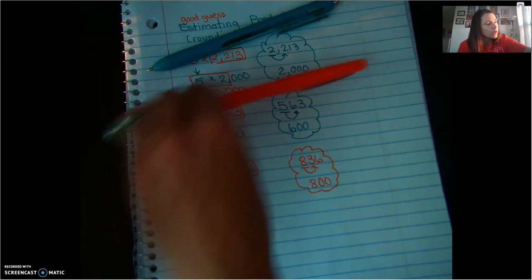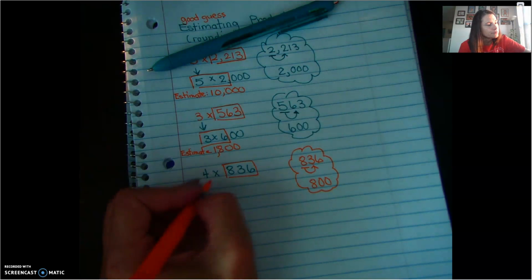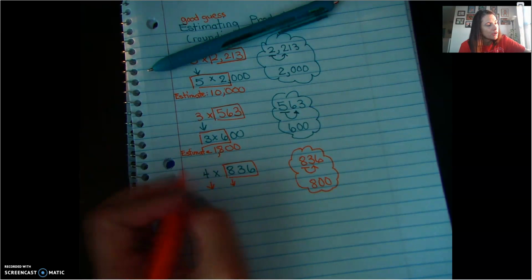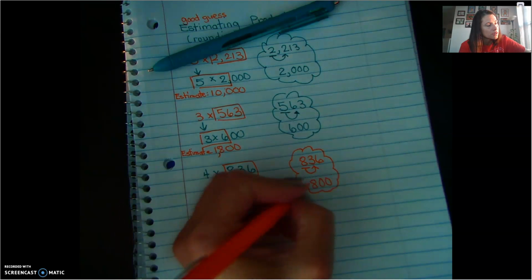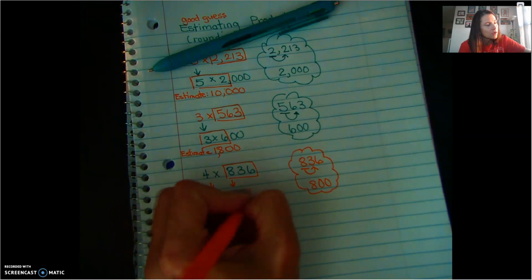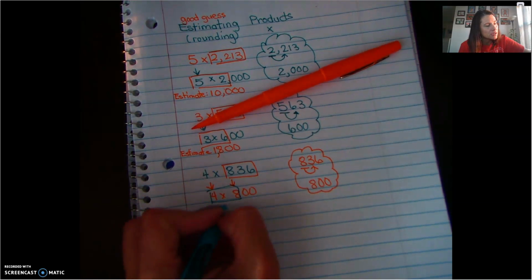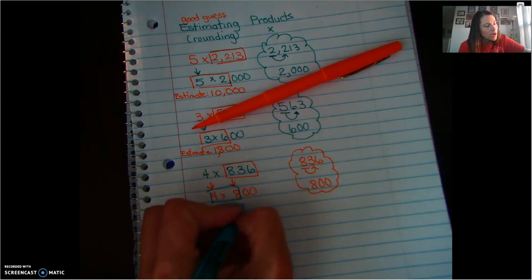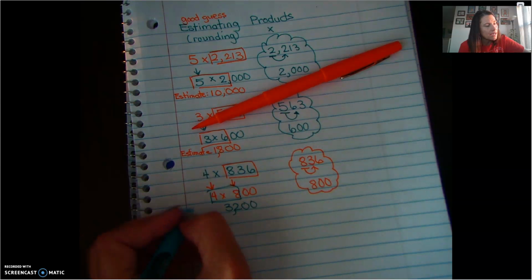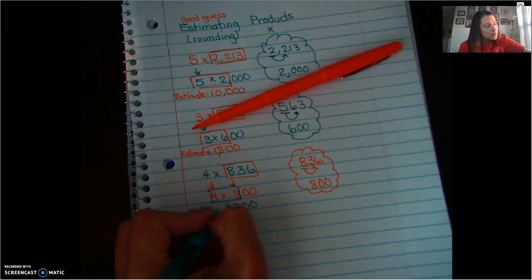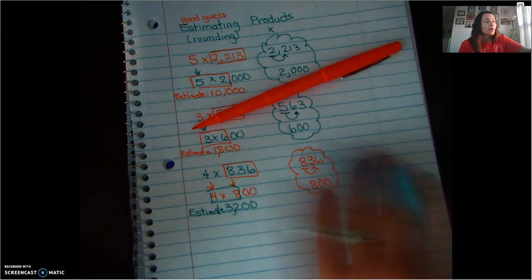And then we bring it over here, bring it down, 4 times 800. We're going to box it up. 4 times 8 is 32. Have our 2 zeros. So our estimate is 3,200.